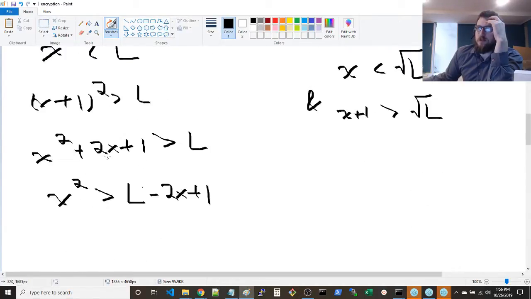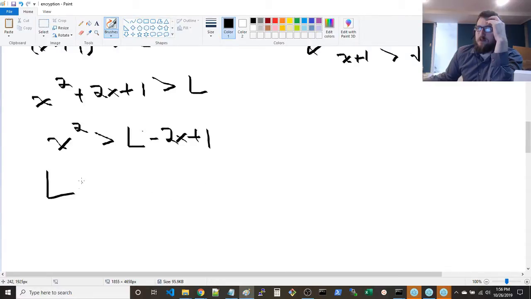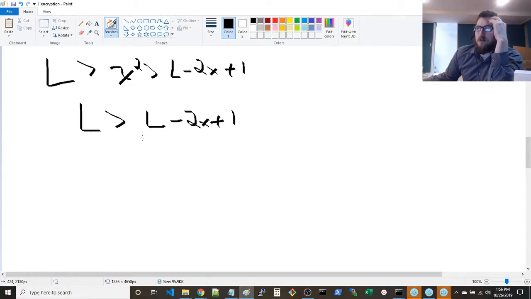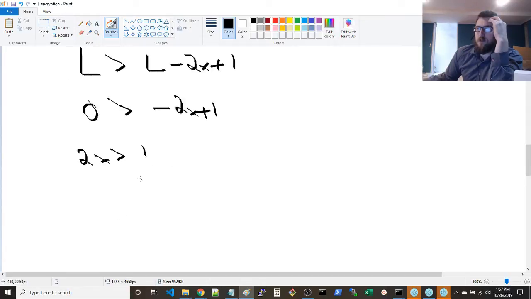But x squared is less than L. So x squared is less than L, but greater than L minus 2x plus 1, which means that L is greater than L minus 2x plus 1, which implies that 0 is greater than 2x minus 1 plus 1, which gives you 2x greater than 1, right?